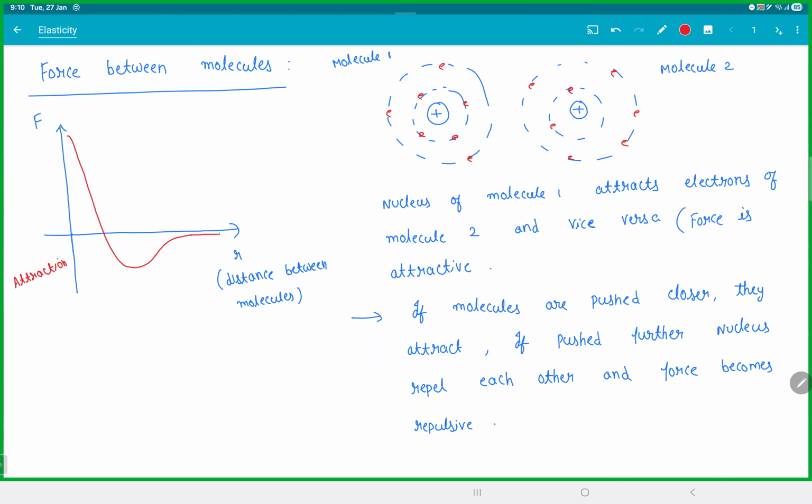So if you keep pushing them, at some point you get a maximum force. This is your R naught, right? This is the point where your force becomes zero. This is R1. And if you keep pushing further, the force becomes repulsive.